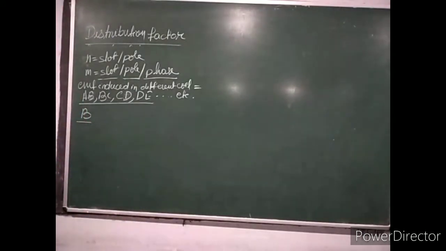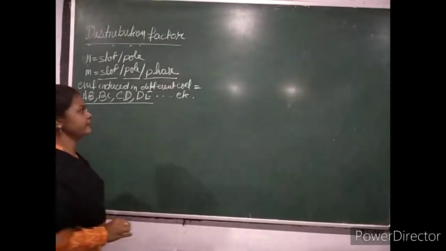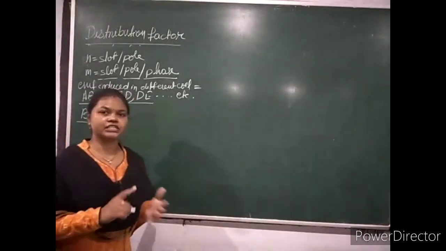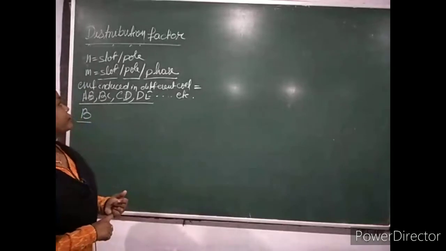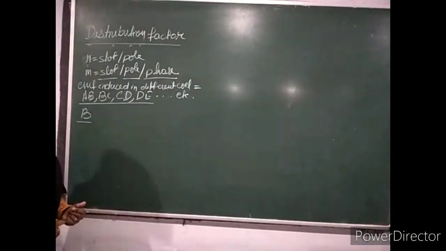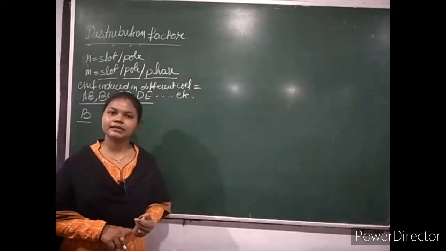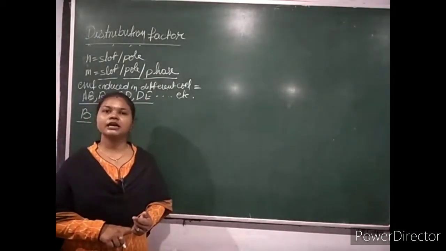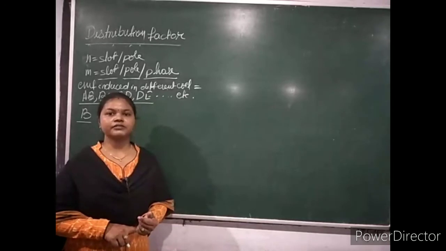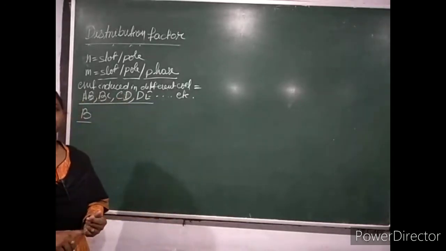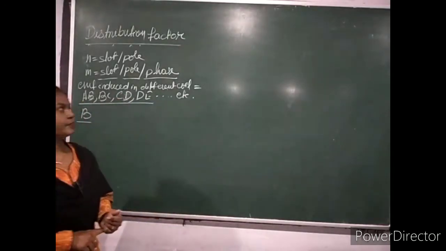Okay. Let me draw the phasor diagram first. Why? Because for finding the distribution factor KD, you have to first find the arithmetic sum of the EMF induced and also the phasor sum of the EMF induced in all the coils.